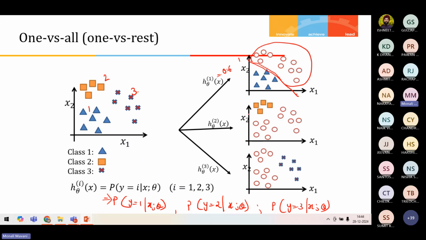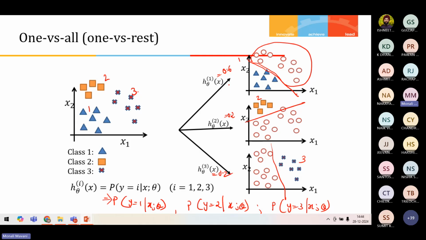Then I repeat this for the second class, second versus all the rest, and I get a probability of, say, 0.2. And then the third class, third versus all the rest, probably I'll get, say, 0.2.